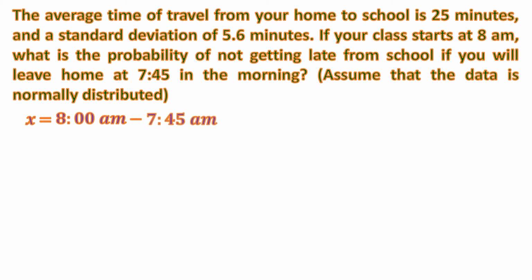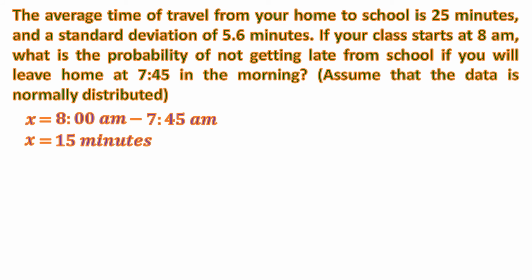If you leave home at 7:45 and your class is at 8, you only have an allowance of 15 minutes of travel. So now that's what we want to find out: what's the chance, with this 15-minute allowance, for you not to get late.